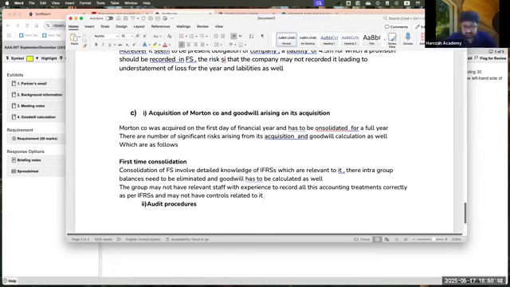So first time consolidation, hence consolidated financial statements may be misstated because of it.